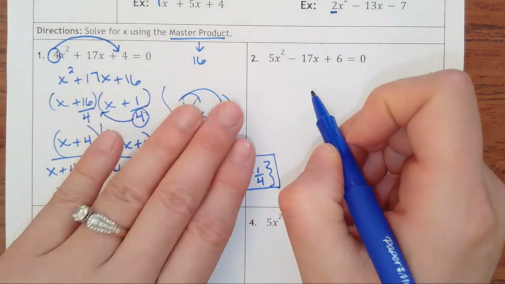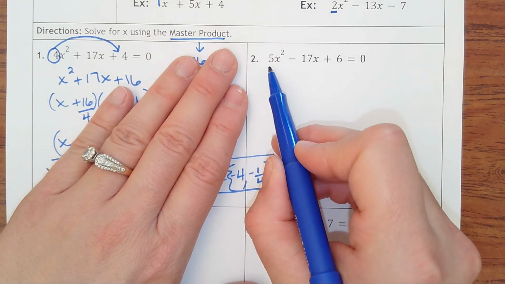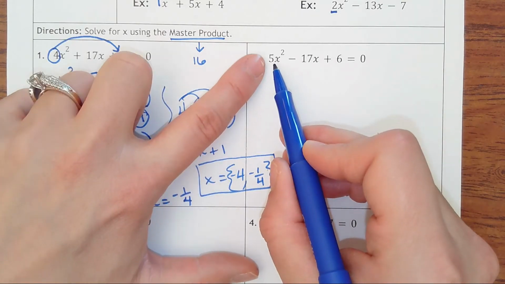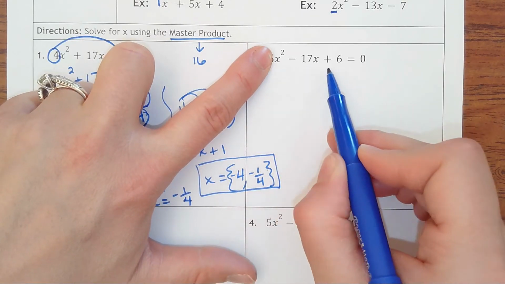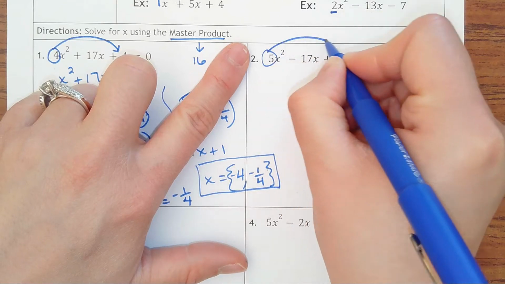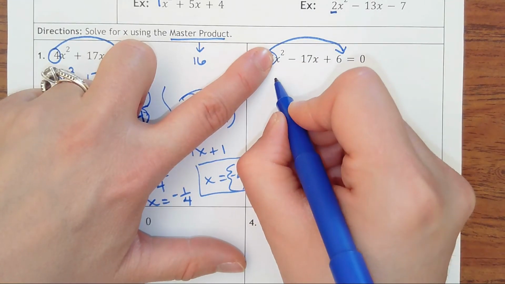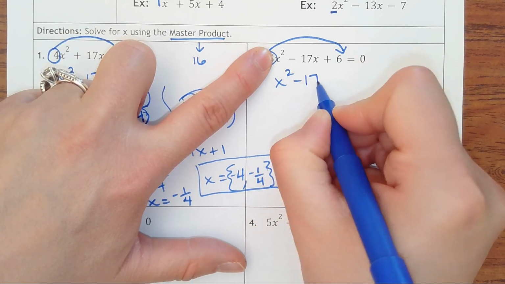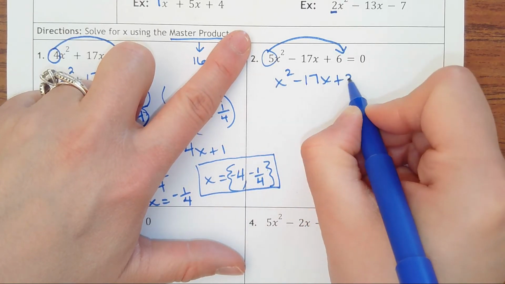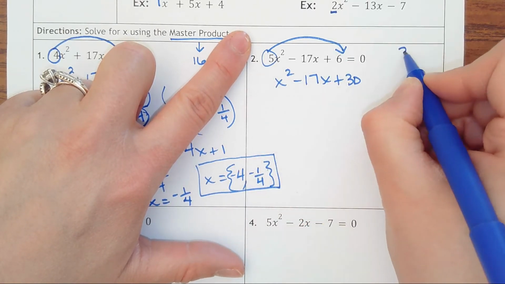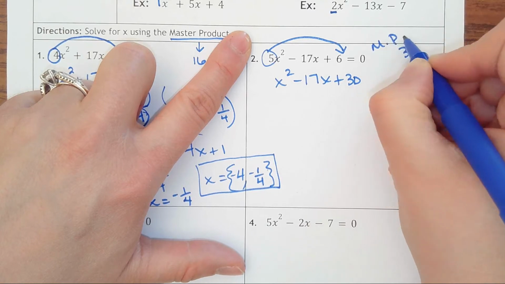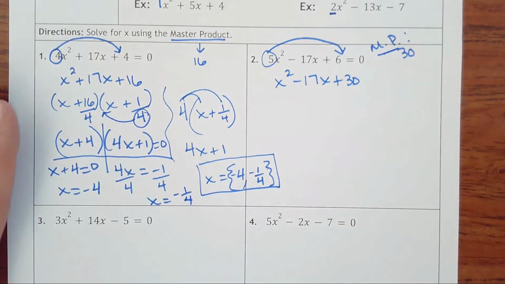All right, so number 2. I should say, always make sure that there's no GCF, because we might be able to take this 5 out of everything, but in this one we can't. So we're going to take our a, slide it to the c. So right now I'll take off the 5 and have x squared minus 17x. 5 times 6 is positive 30. This would be my master product on Delta Math, 30.